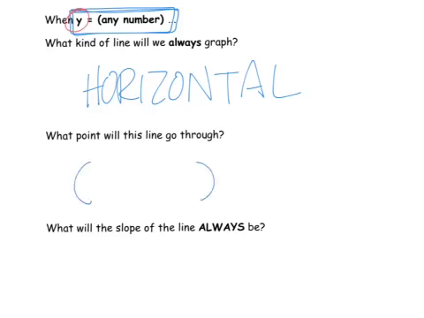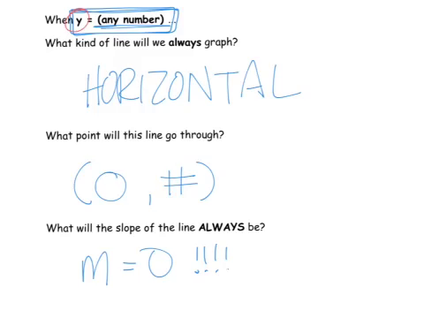So if we intersect the y-axis, x is always going to be 0. And then that y value is going to be whatever the y is. It's going to be this number up here. It will always go through that point on an axis. And we also discovered that with horizontal lines, slope is always 0. It's always going to be 0 no matter what points you plug in.